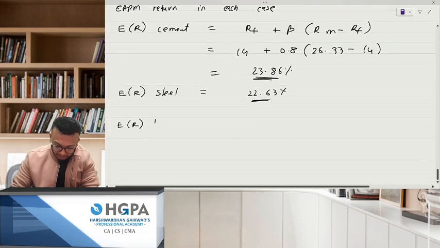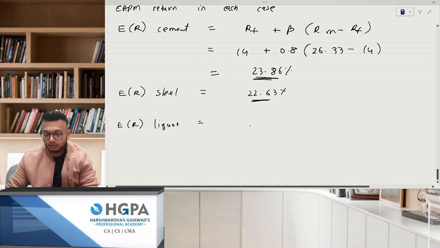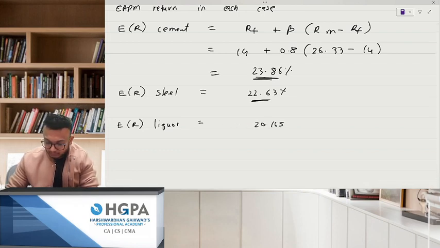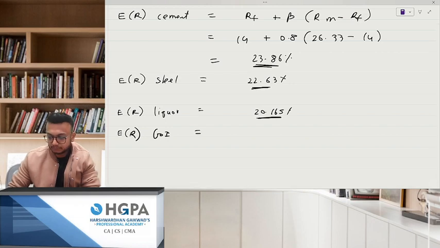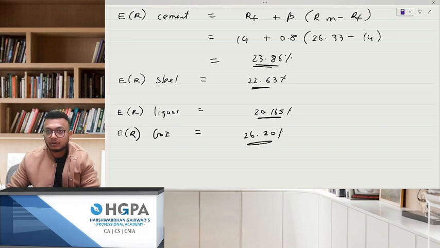Liquor is how much? 20.165. And Government of India bonds, 26.20%. You can take 2-1 also.